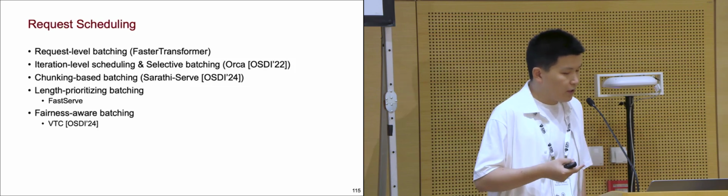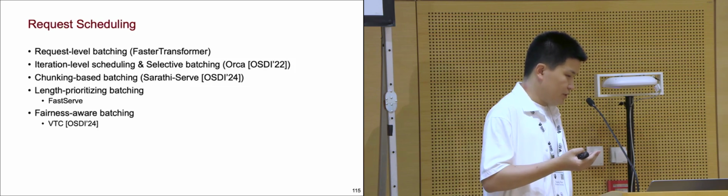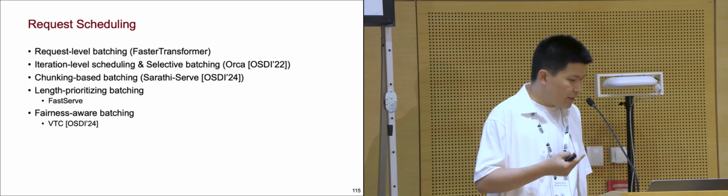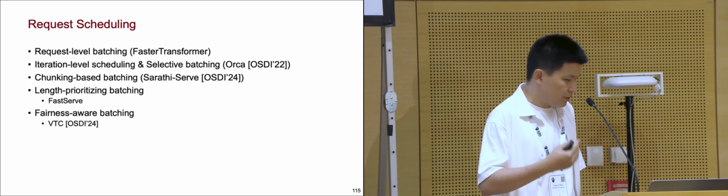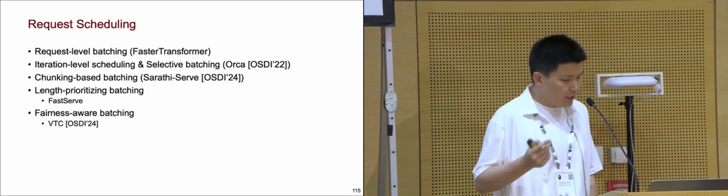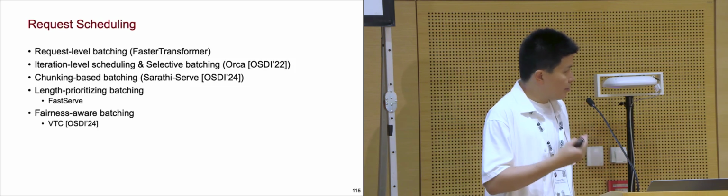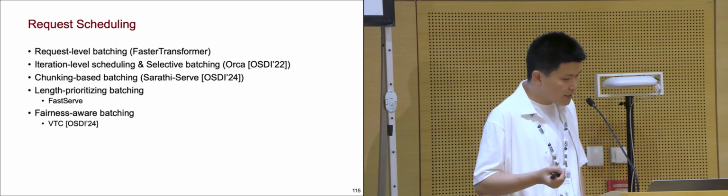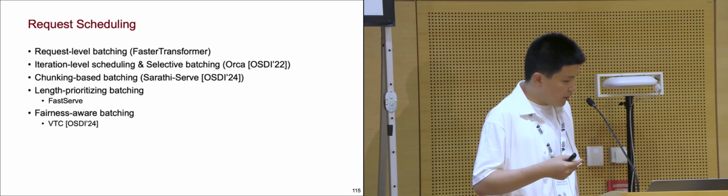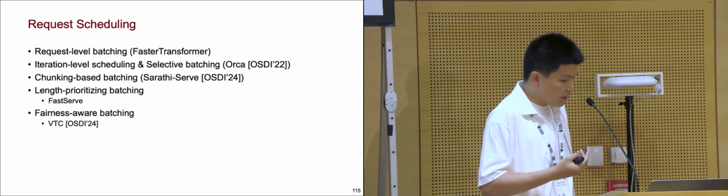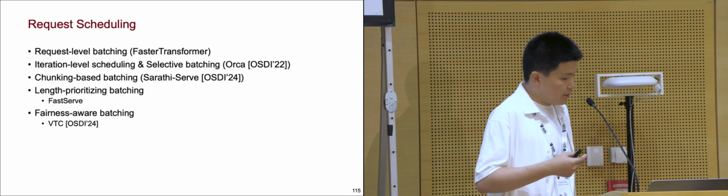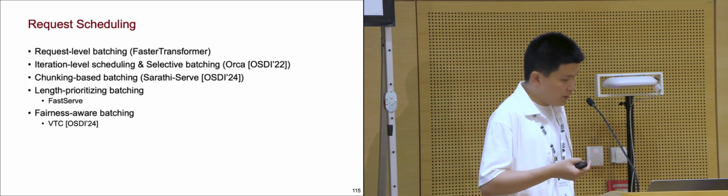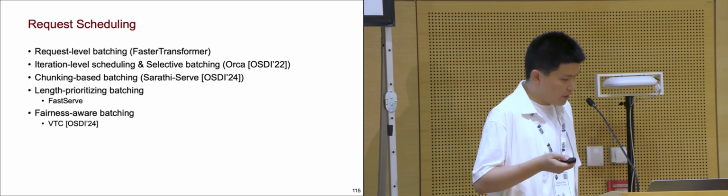And vLLM and Orca are actually very similar. By using continuous batching, they can directly preempt the previous inference process and achieve a very high inference batch size by introducing the new incoming requests in the prefilling phase.